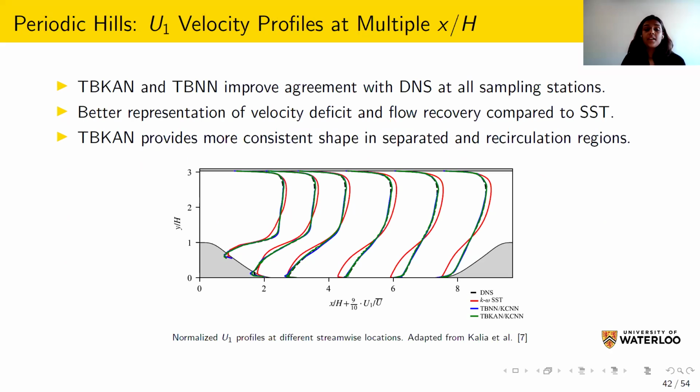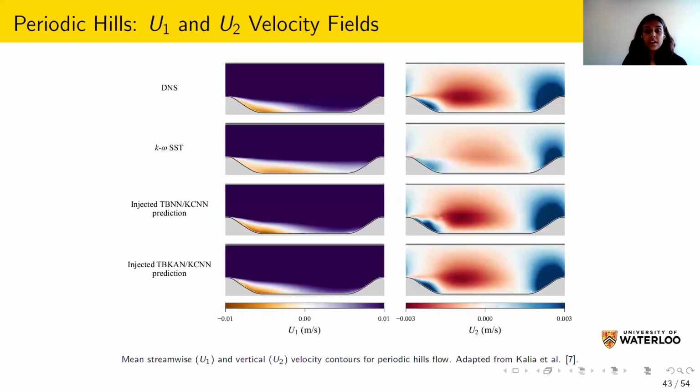But you can see the TB-CAN is providing a consistent shape in the separated and recirculation regions for the periodic hills case. If we look at the streamwise and spanwise velocity contours for the periodic hills, the injected TBNN prediction, just visually, you can note that at the separation point, it fails to perform as well as TB-CAN for U2.